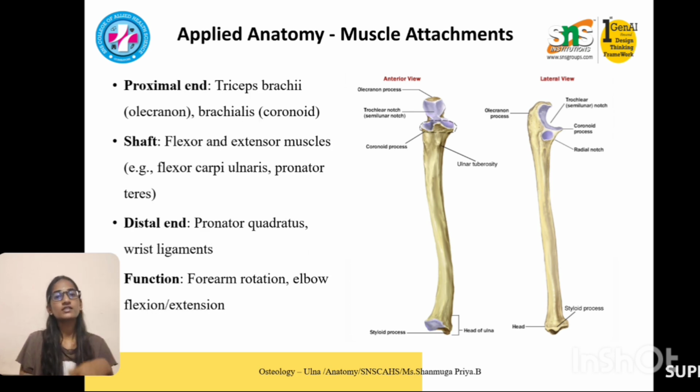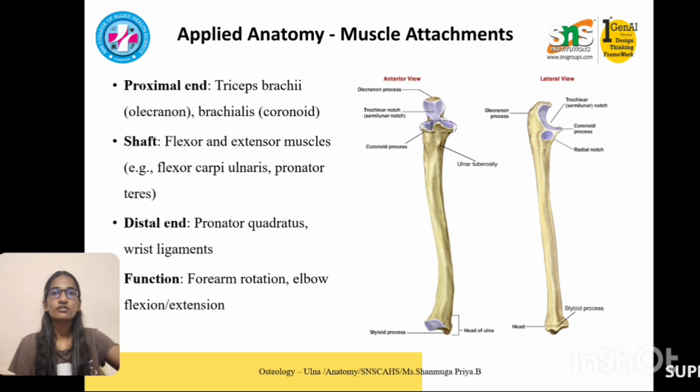At the proximal end is triceps brachii on the olecranon, brachialis on the coronoid, and in the shaft flexor and extensors like flexor carpi ulnaris and pronator teres. Distally, we have pronator quadratus and wrist ligaments, which enable rotation, flexion, as well as extension.